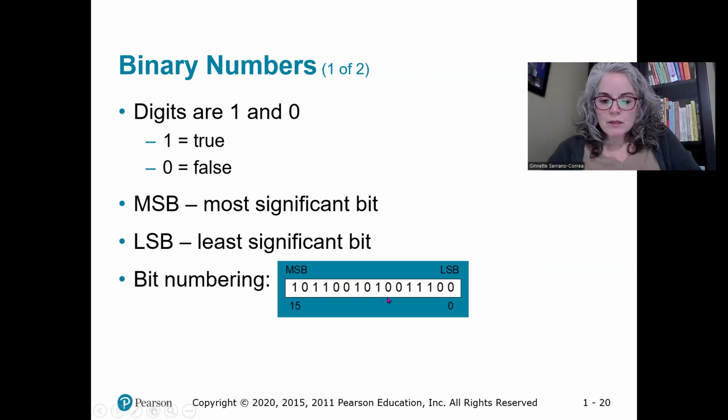What we call this very first number on the left, we call that the most significant bit. And the last one on the right, we call the least significant bit. And this is how we number them. We number them from 0 to 15 from right to left.